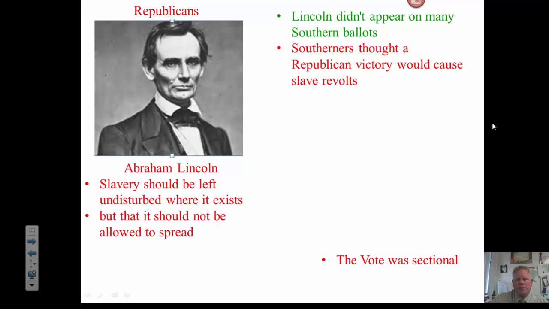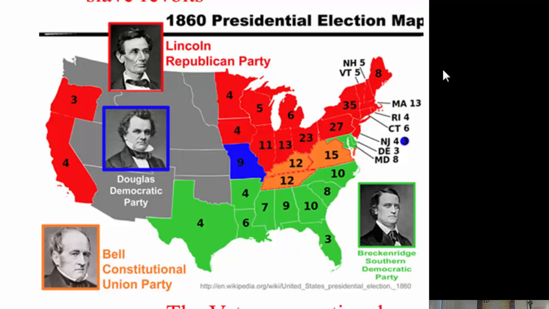And the voting in this election was very, very sectional, meaning one section of the country, the North, voted one way, and the other section, the South, voted a different way. So here's the election map, and you can see that basically the whole North voted Republican, voted for Lincoln, and basically the whole South voted for the Southern Democratic candidate, Breckinridge.